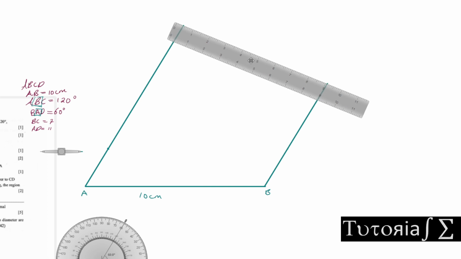Be very careful. The pen should touch the tip there. So see the tip there.